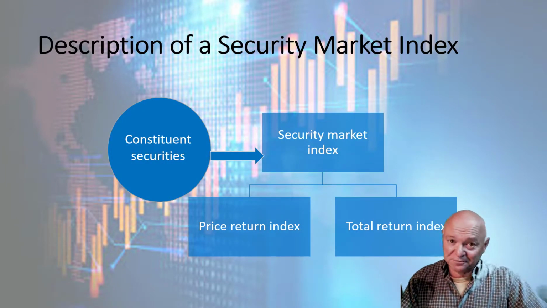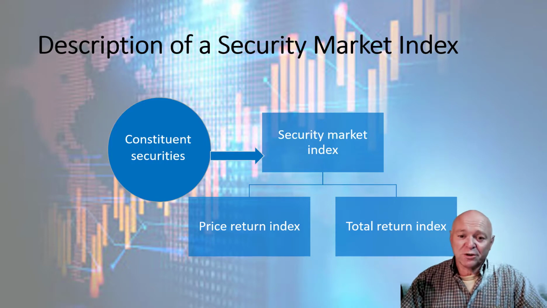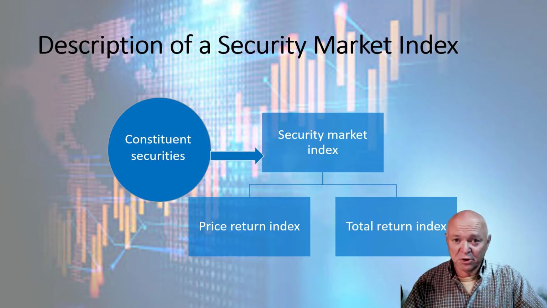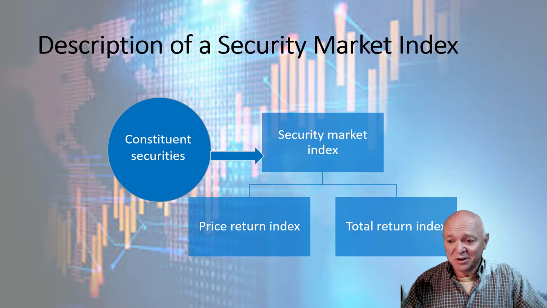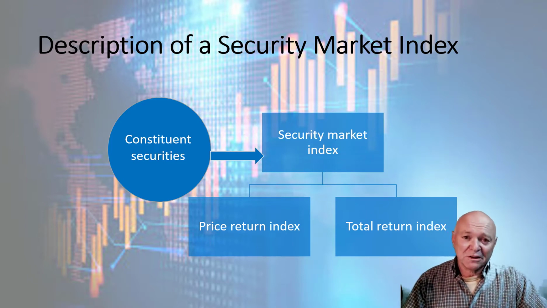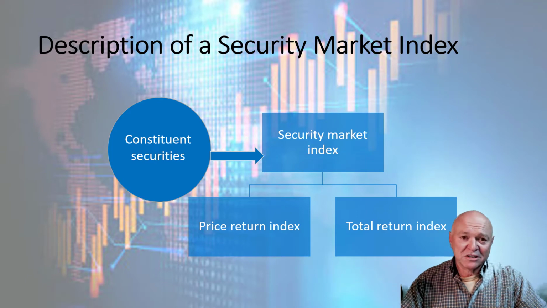Essentially, an index in general is constructed of a number of securities: stocks, bonds, commodities, private equity investments, for example. Those are the constituent securities. They're put into a security market index, and these indices are typically defined as being price return indices or total return indices.